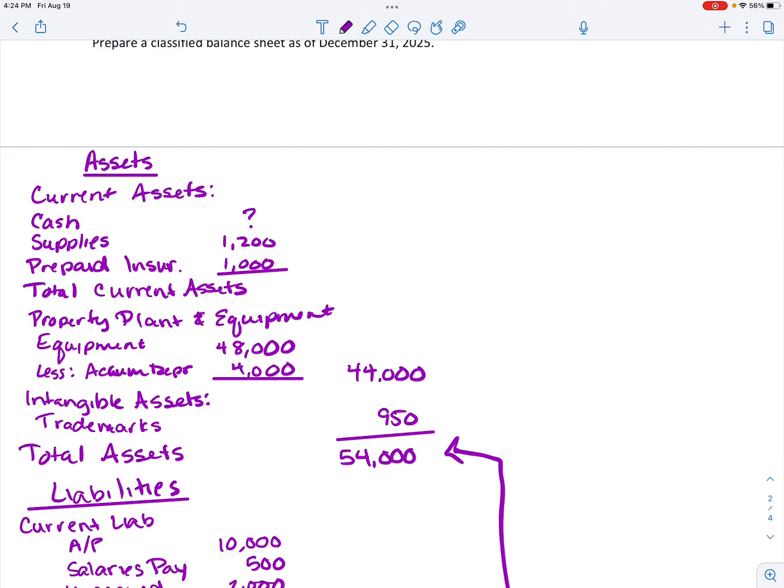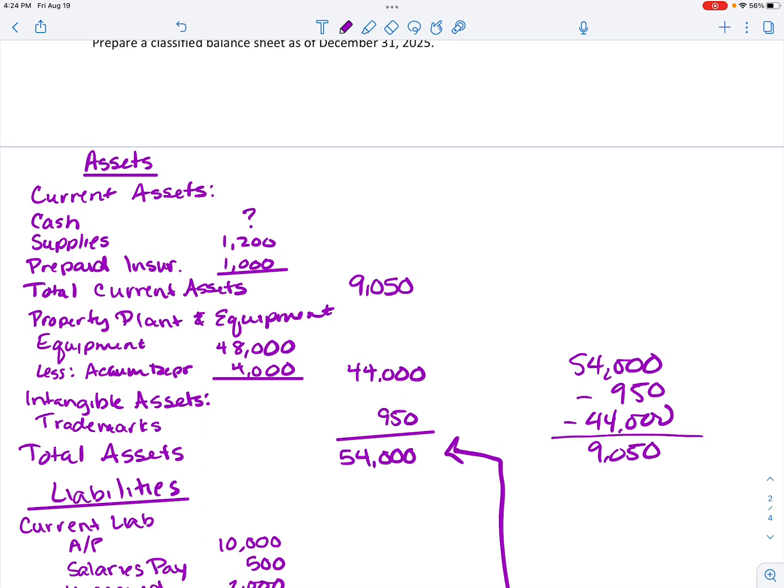So if I can back in and take that 54,000, subtract out those two numbers, I know my current assets must equal 9,050, and that's just taking the 54,000, subtracting that 950, subtracting the 44,000. So now I'm at 9,050.